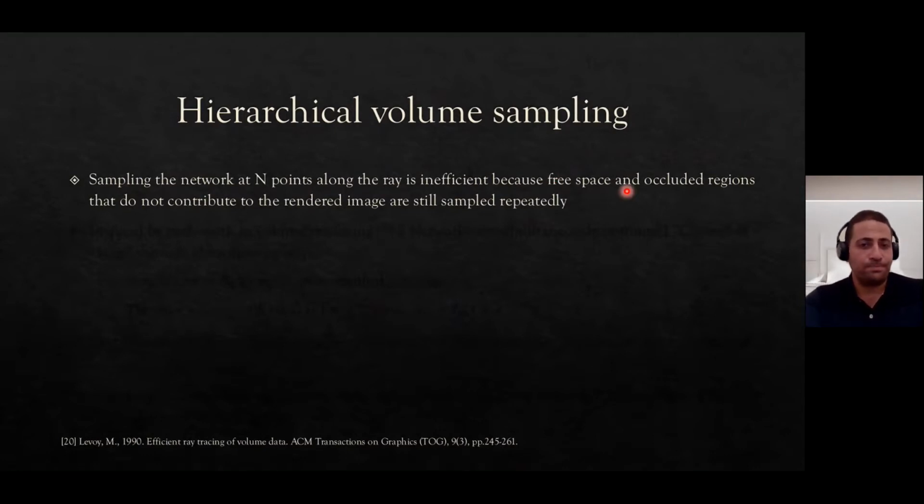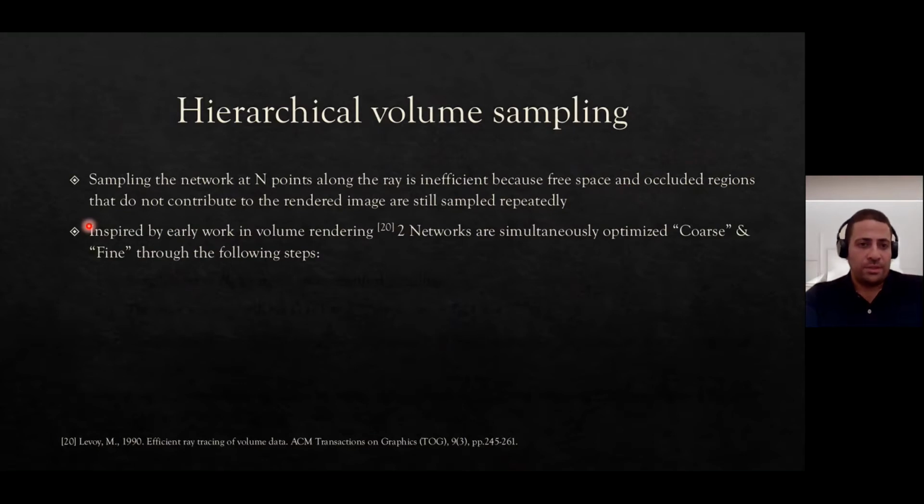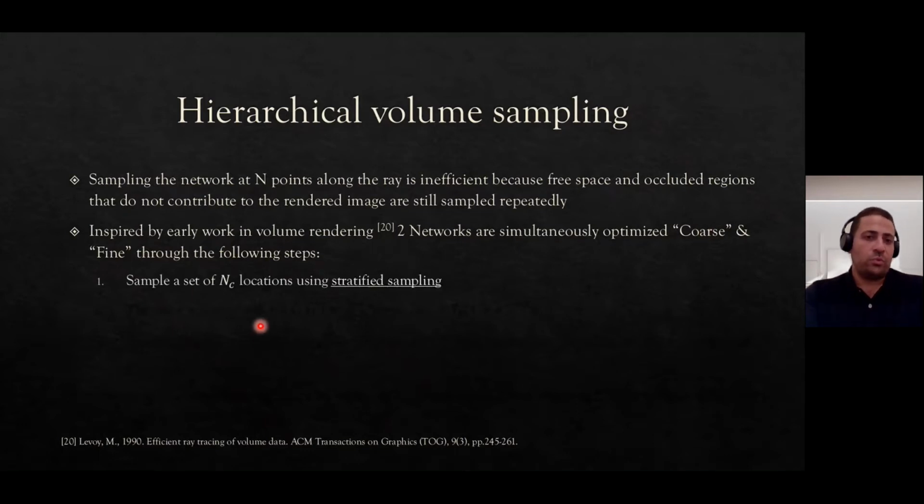So how do they do it? This is inspired by another paper, which also talks about volume rendering. Here they train 2 networks simultaneously, a coarse network and a fine network, through the following steps. Coarse is the one we start with.